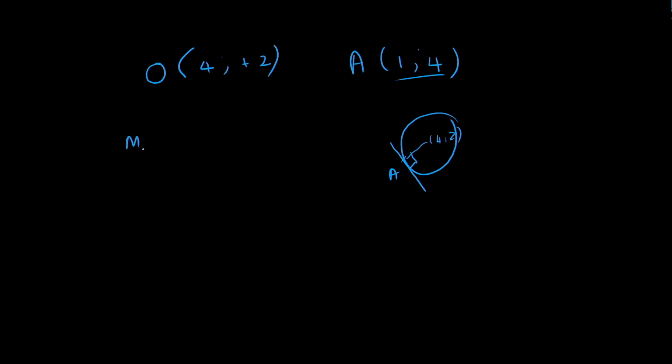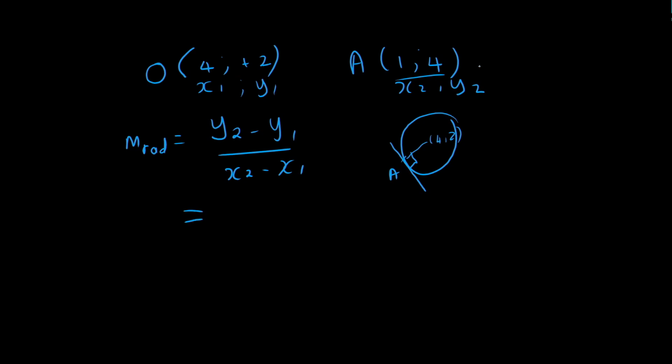So the gradient of the radius is going to be equal to, remember the order is very important here, you cannot swap x1 and y1 and x2 and y2 around. So a good idea is to actually label your coordinates as x1, y1, x2, y2. We then apply the formula for gradient, y2 minus y1 over x2 minus x1. We're starting with y2, and it doesn't matter which one is x1, y1, x2, y2.